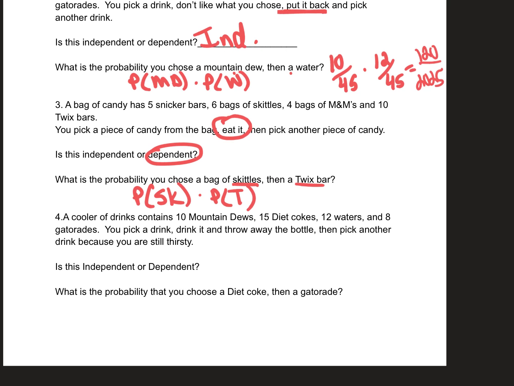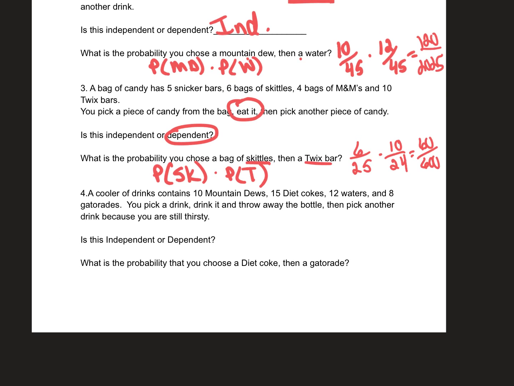So my probability of a Skittles, well, there are 6 bags of Skittles out of the 25. Twix bars, there are 10 Twix bars, but now this is the dependent part. There's only 24 bags of candy in there. So you'd have 60 out of 600, which again, you can use your calculator to simplify, make into a decimal and a percent.